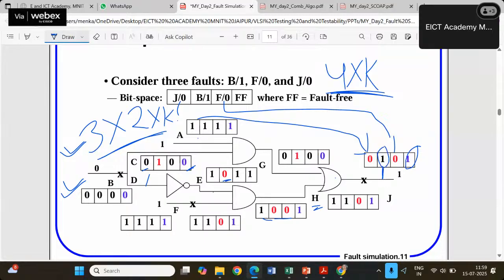Okay, so for example, let's say I'm going to nullify this. So I will have the controlling value over here, 0. If it is 0 over here, it means it is also 0 over here, and then I will be able to detect this fault. Fault available at B, I am able to detect.